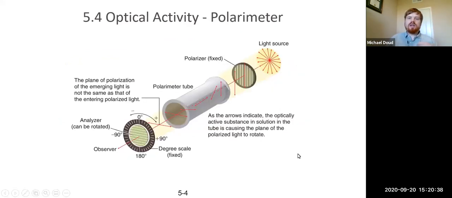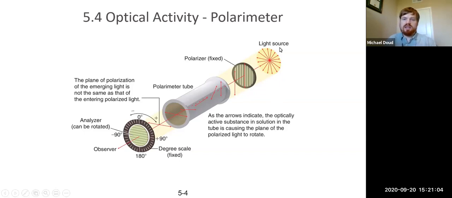Okay, so this is what a polarimeter looks like. Again, I'm going to show you a video down below, so you can even pause and look at that video. There's a guy that demonstrates how a polarimeter actually works, and it can show you what that looks like. Ideally, we would have this in lab, but unfortunately, there's no lab this semester, so this is as good as we can do.